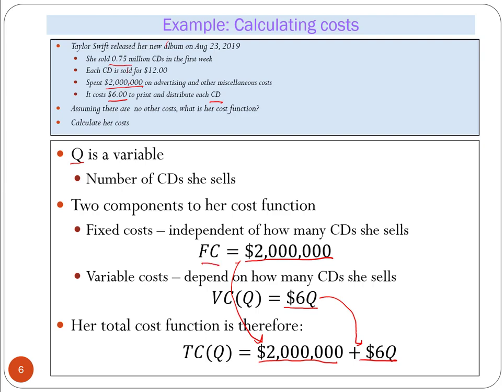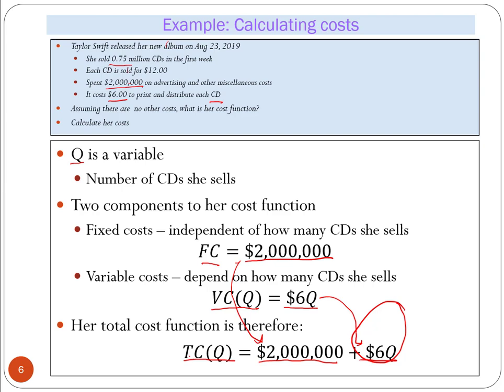That is, they don't depend upon Q. So we don't say fixed costs are a function of quantity because it doesn't depend upon the quantity. The $2 million is independent of quantity. Variable costs, on the other hand, are a function of Q. We have variable costs are a function of Q because it's 6 times Q. And our total cost function is a function of Q because it's fixed cost plus variable cost, so it depends upon this thing here, the $6 per CD.